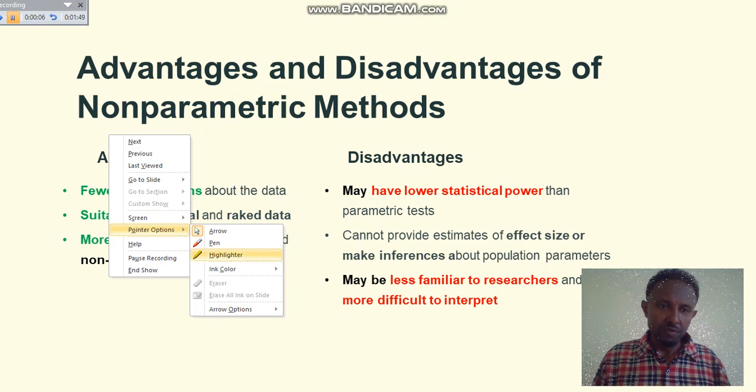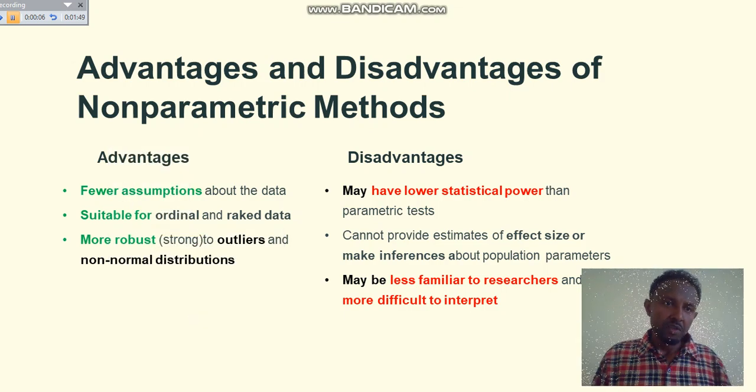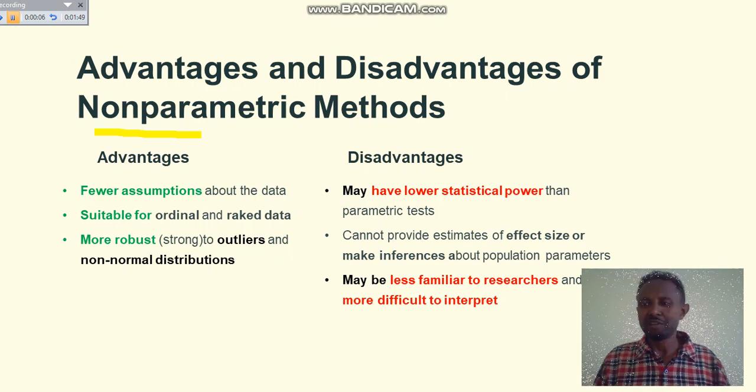Among these, to begin with the advantages, first, fewer assumptions about the data. Because there is no normal distribution, it's very difficult to assume. Second, suitability for ordinal and ranked order.